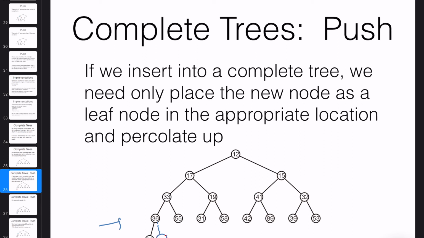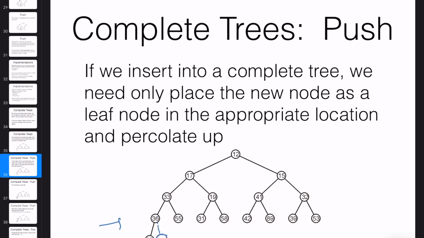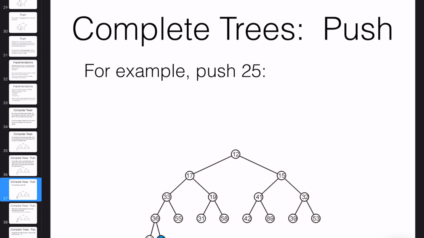So in this way, we make it actually unique. If you want to push an item in your tree, you know exactly where you have to put the item. And the rest of it is going to be just like before. You put the item here, then you compare it with its parent, swap if it is smaller, compare with parent, swap, compare with parent, swap, until you actually find the position. For example, if I insert 25 into this complete binary tree, which is a binary heap, you compare 25 with its parent, this is smaller, you swap it.